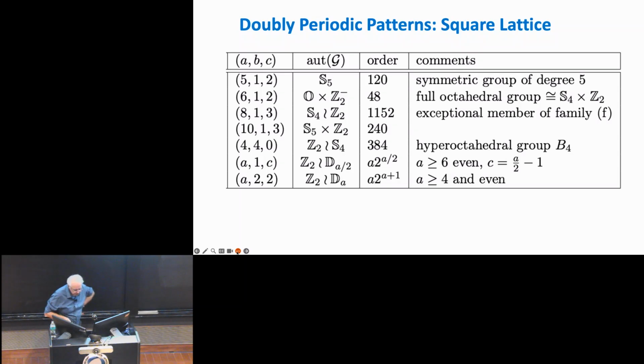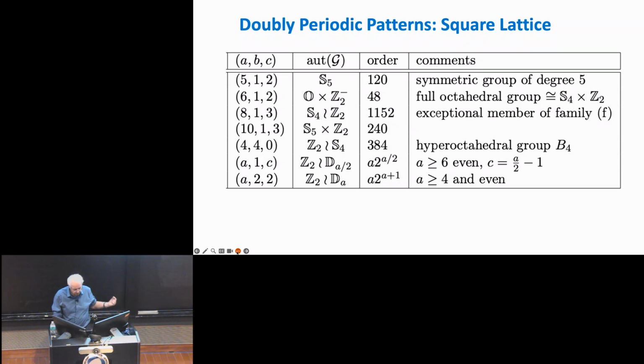But then there are exceptions. And there are 2 infinite families of exceptions and 5 individual exceptions. And I'll show you those in a moment. Okay, but look at this table, it's weird. So for certain values of those 3 parameters, 5 1 2, 6 1 2, 8 1 3, 10 1 3, 4 4 0, your automorphism group is not what you expect. For one of them it's a symmetric group, for one it's the full octahedral group.